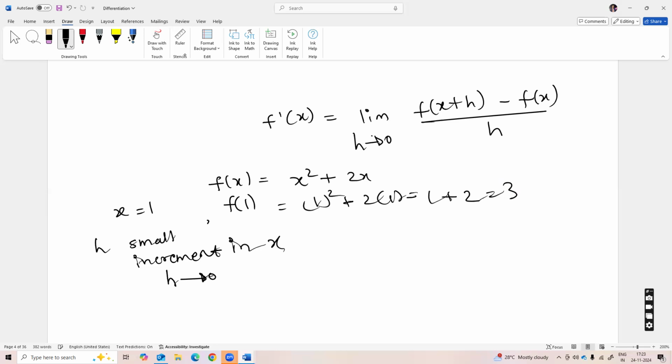So if the value of x is equal to 1, then h can be a very small increment, like 0.0000001. Do you have any more questions related to what h is? Hello, Reet, do you have any question related to h, or did you understand what that is?